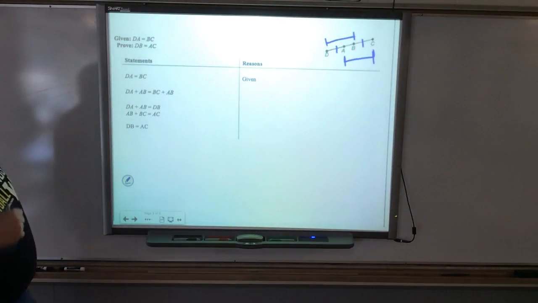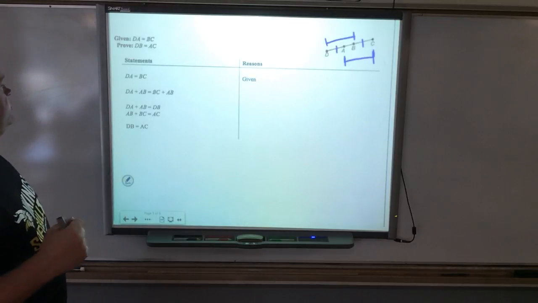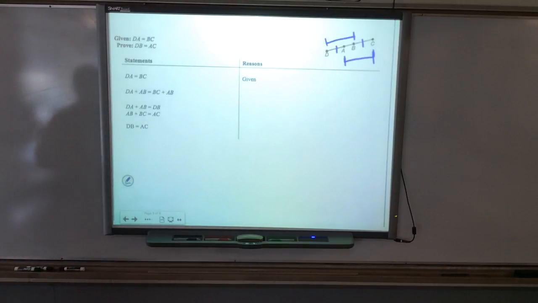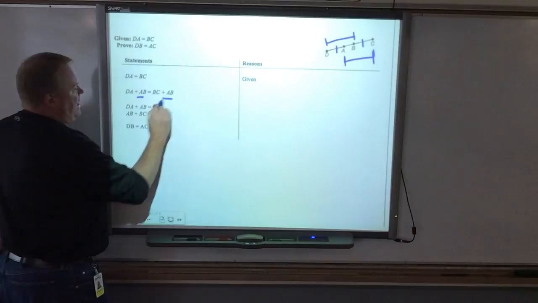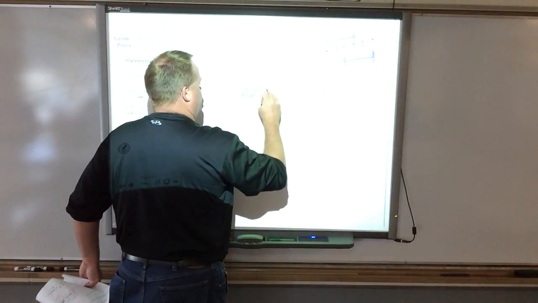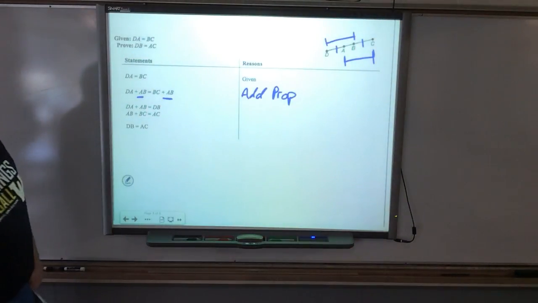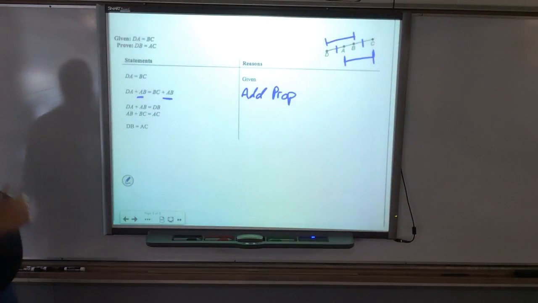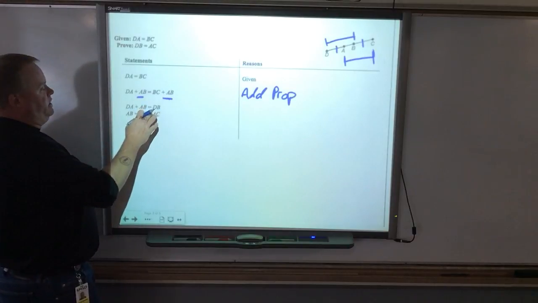The next step, DA plus AB is equal to BC plus AB. Well, what have I done? I've added AB to both sides. So this is going to be the addition property, because all I've done is add AB to both sides. Now I look at it and I go DA plus AB equals DB.